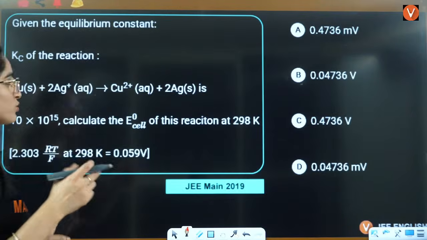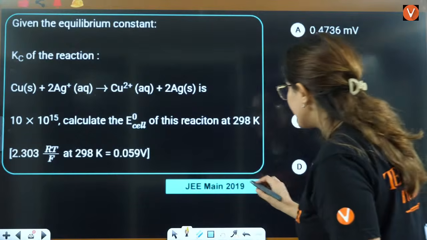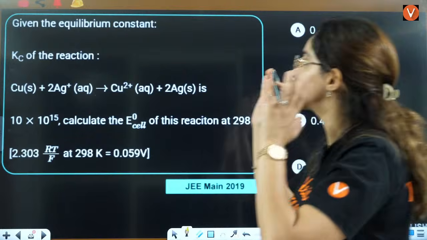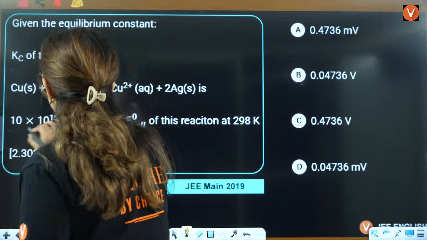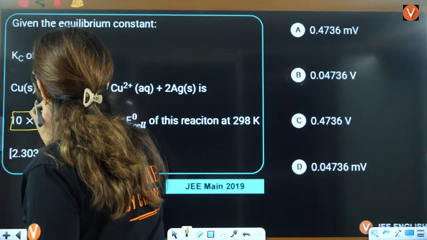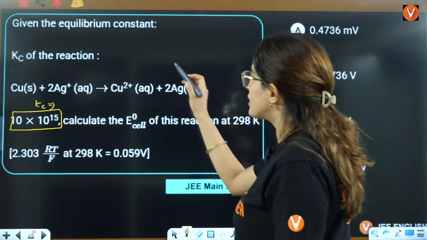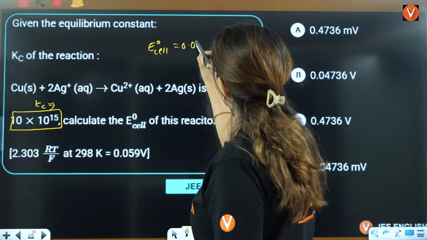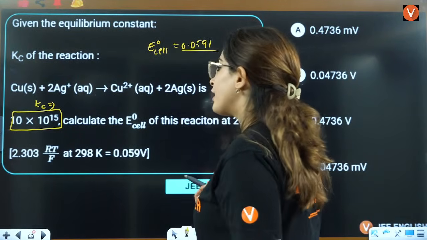So I'll also show you some questions which they have asked in recent years. In 2019, they asked: given the equilibrium constant Kc of this reaction, calculate the E naught value. We know that E naught cell equals 0.0591 divided by n.